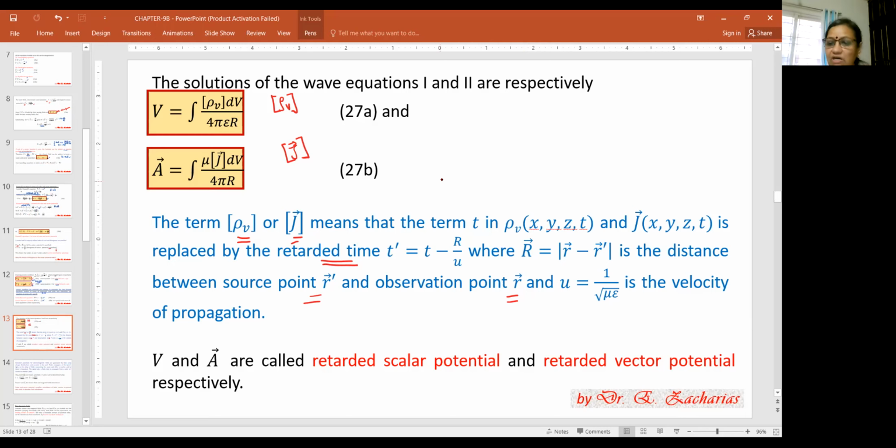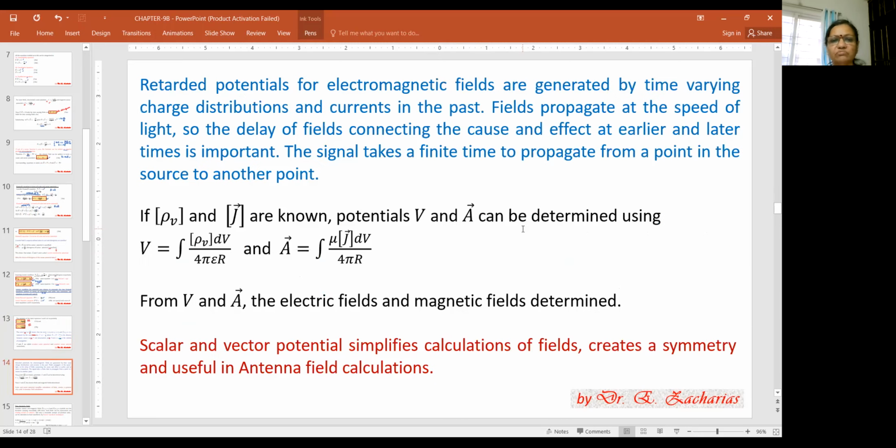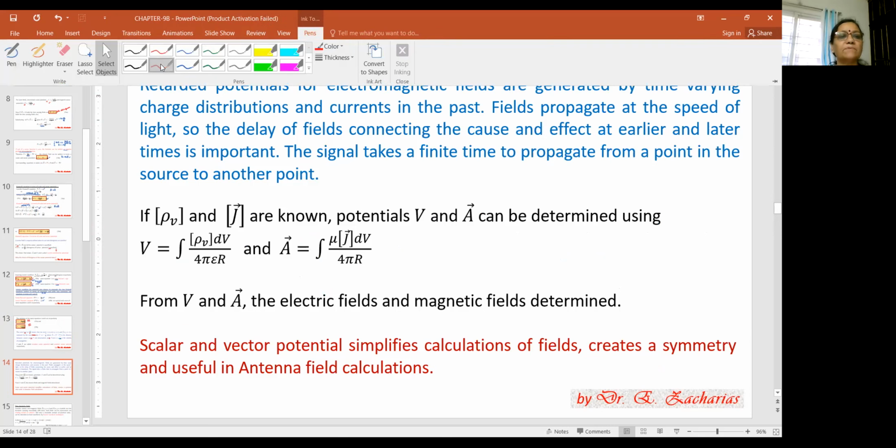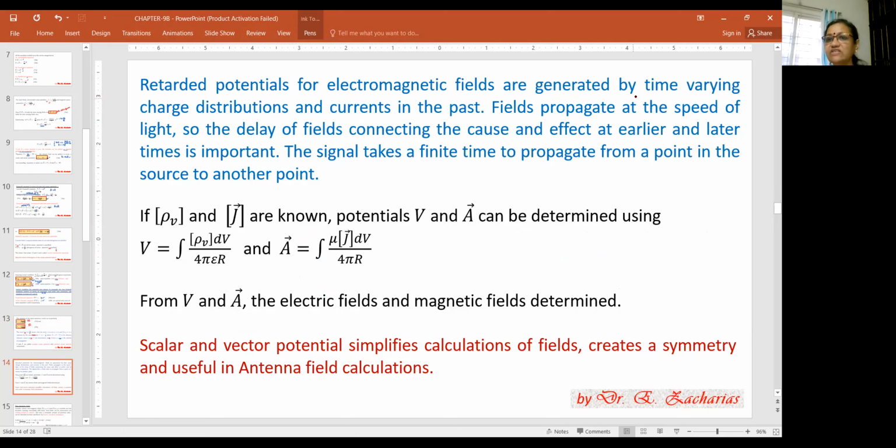These ideas of retarded potentials become very, very significant when you are talking about communication. Let's just read what it says. Retarded potentials for electromagnetic fields are generated by time varying charge distributions or currents of the past.